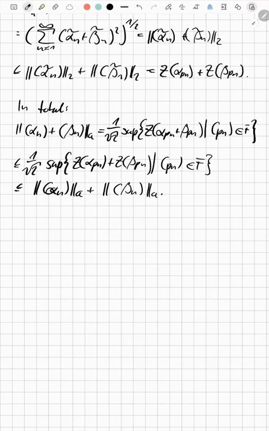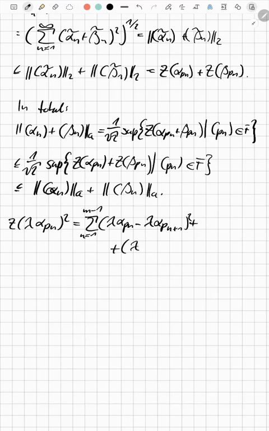The norm is subadditive, and it is also absolutely homogeneous, because if we look at z of lambda alpha Pn, and we add a square here, this is the same as this sum right here. We have lambda alpha Pn minus lambda alpha Pn plus 1 squared plus lambda alpha Pm minus lambda alpha P1 squared.